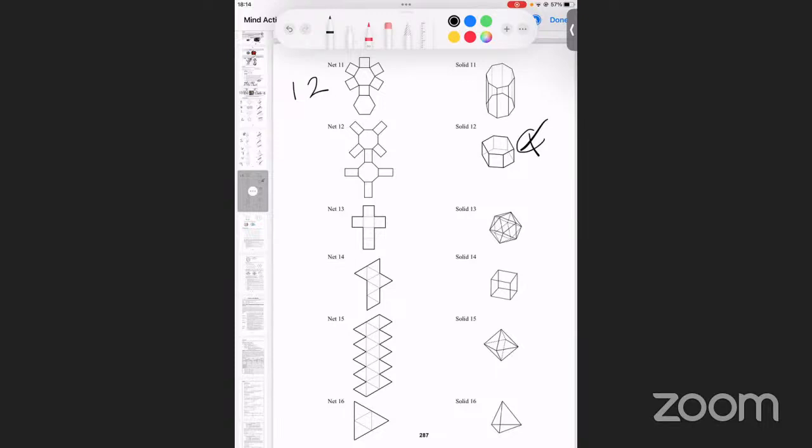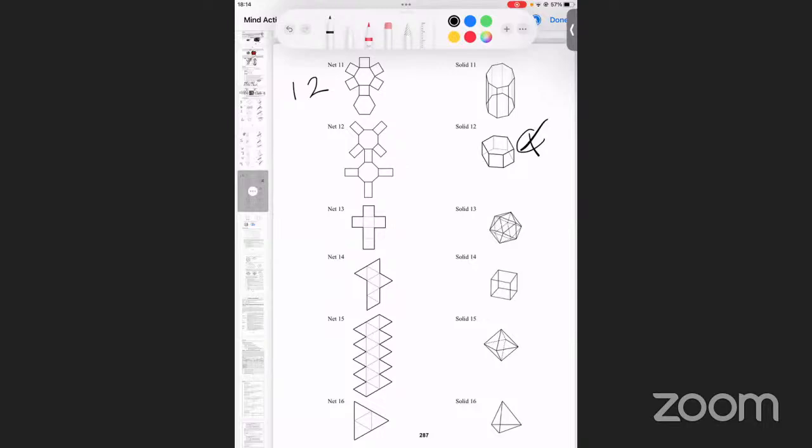Ma'am, the 2D one is a hexagon, and the 3D one I do not know what it's called.